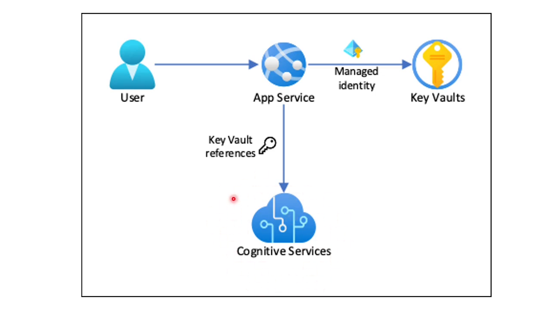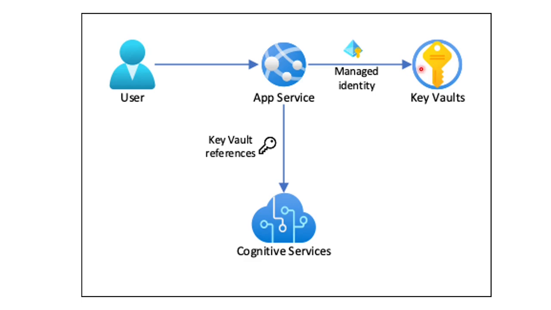You're trying to call the computer vision API for detecting and analyzing images. You're trying to call the language API for performing text analysis, sentiment analysis, stuff like that. So all of these cognitive services are being used by our Azure web app. And because these cognitive services are exposed as APIs, and these are protected web APIs, meaning you need to include an authorization key, the keys of these cognitive services are stored in Azure Key Vault.